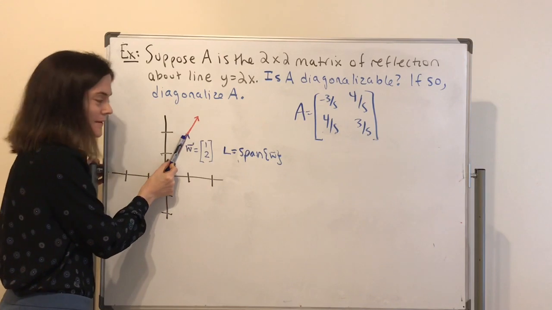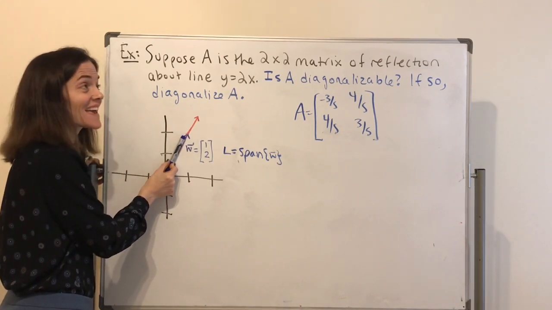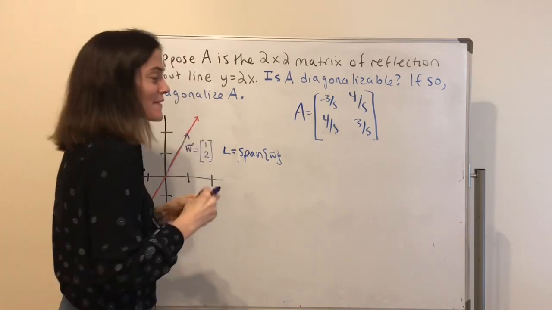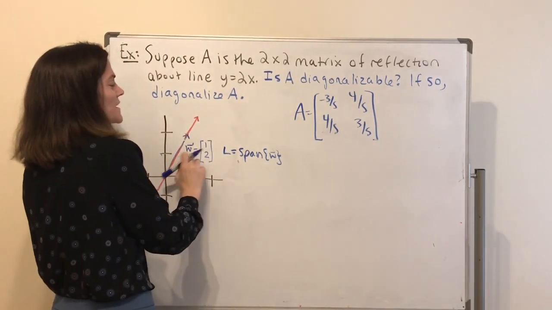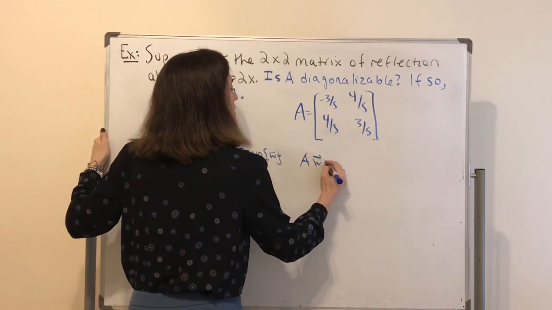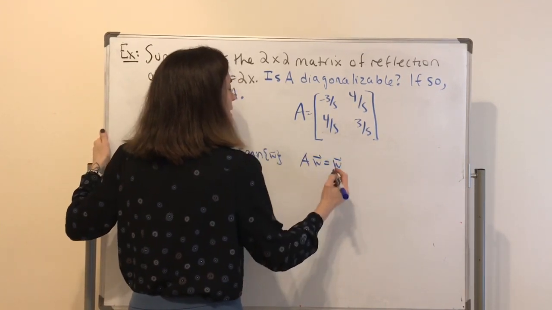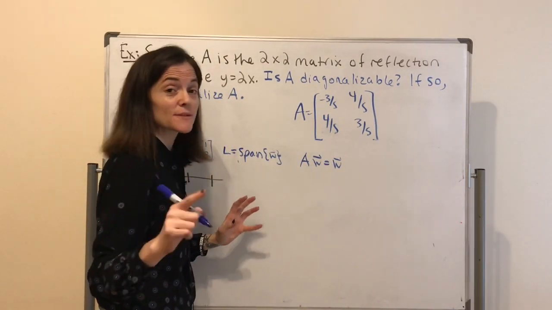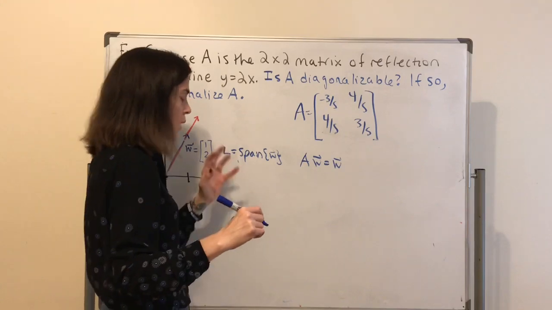Go. There it went. Okay, W is mapped to W. Believe it or not, the reflection happened. This one is fixed. So we know AW is W, which means that we have one eigenvector already, and the associated eigenvalue is 1.